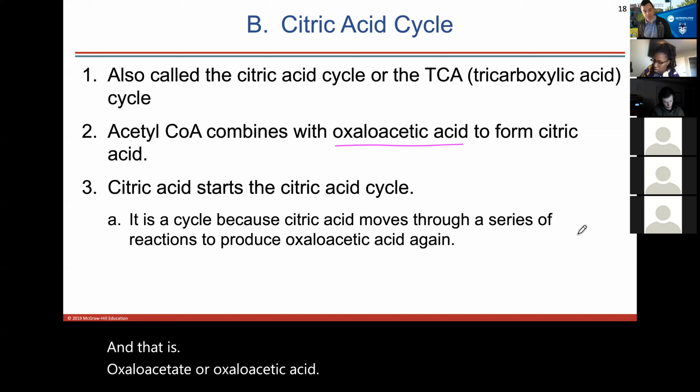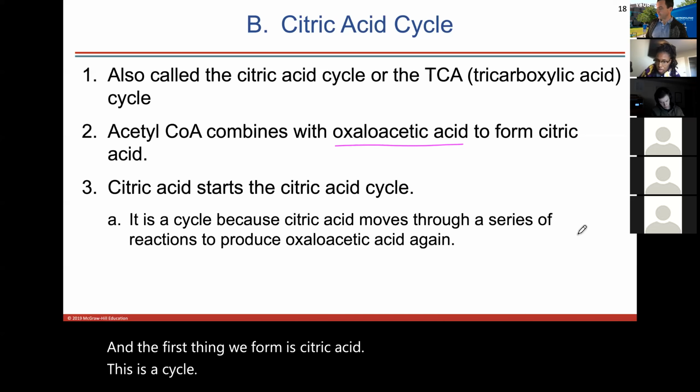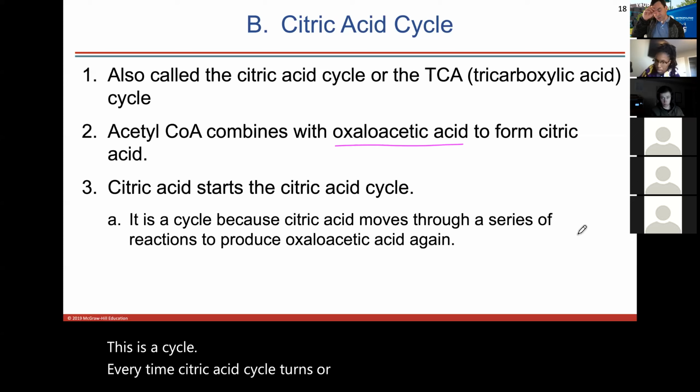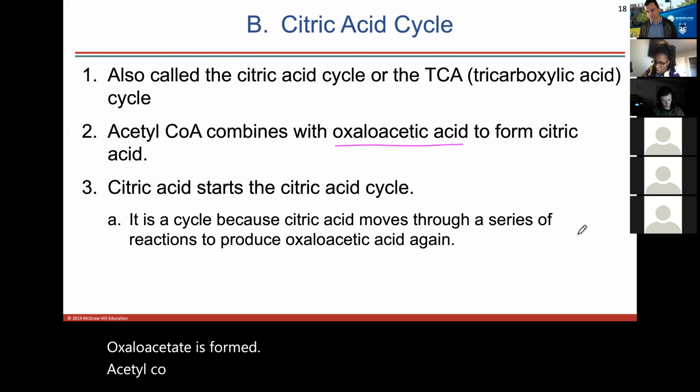And the first thing we form is citric acid. This is a cycle. Every time citric acid cycle turns, oxaloacetate is formed. Acetyl-CoA always comes in and combines with oxaloacetate to form citric acid.